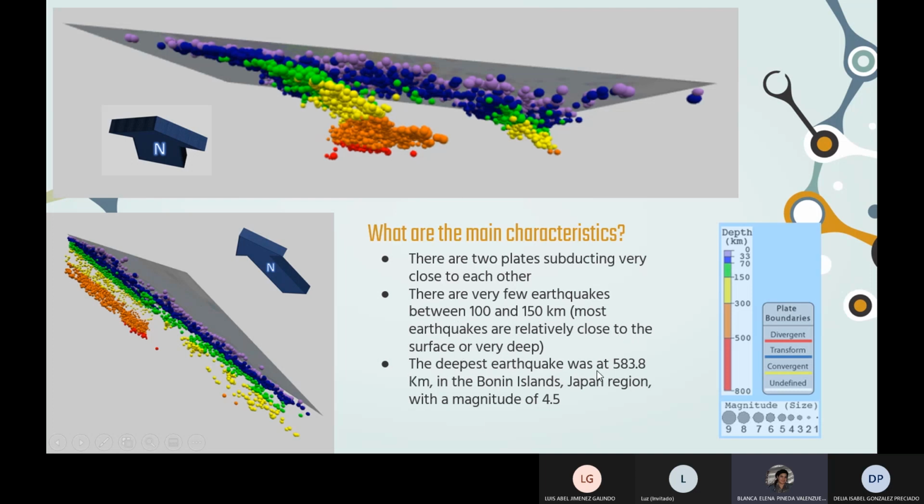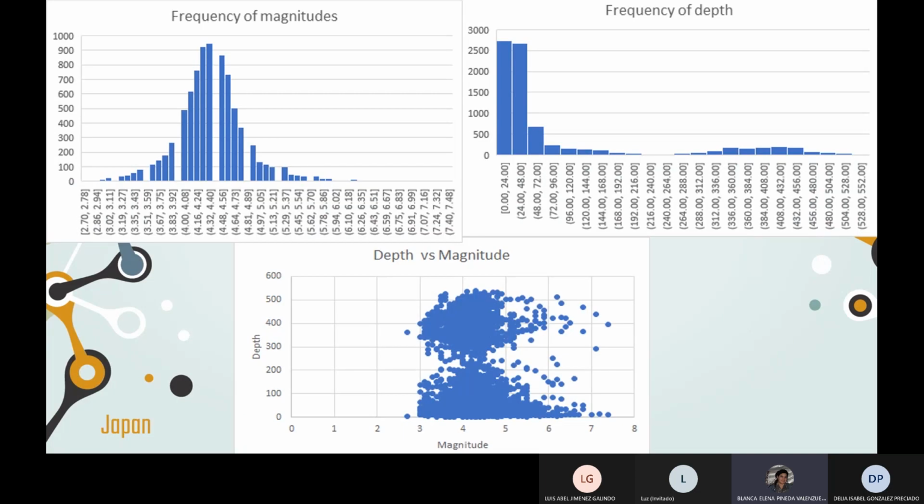The deepest earthquake here was at 583.8 kilometers in the Bonin Islands in the Japan region with a magnitude of 4.5 on the Richter scale. Now, we did a little bit of distribution here in histograms. So first, the frequency of magnitudes is very normally distributed in a typical bell shape with a mean of 4.32 to 4.40.